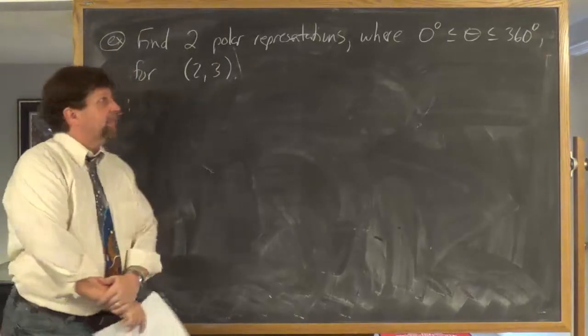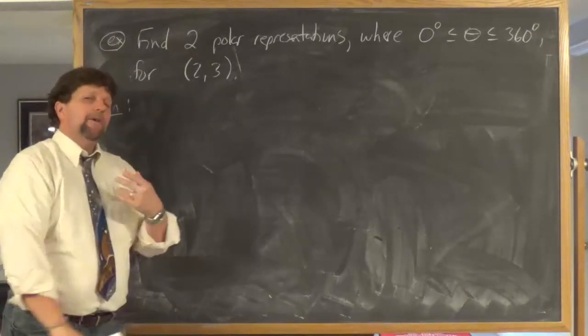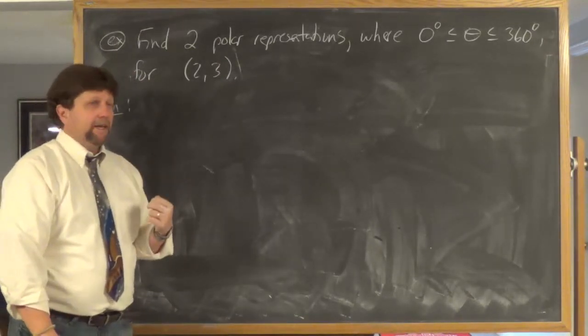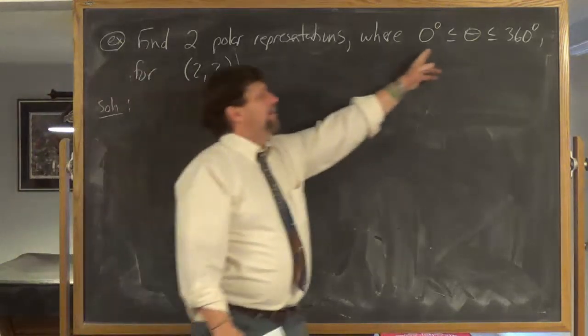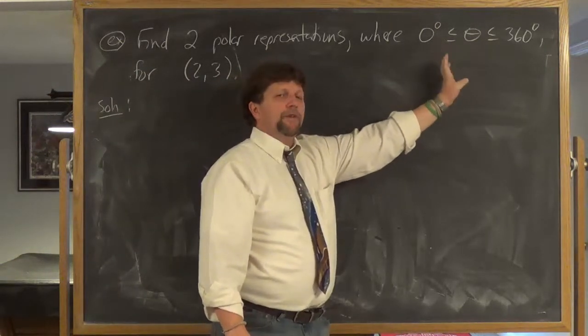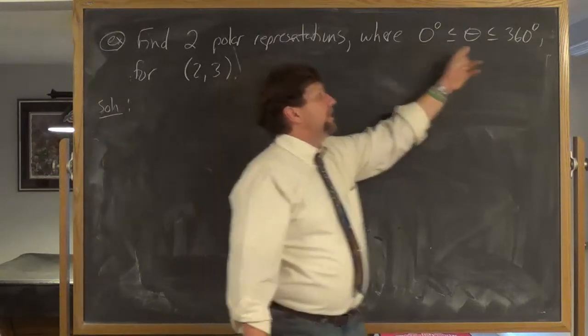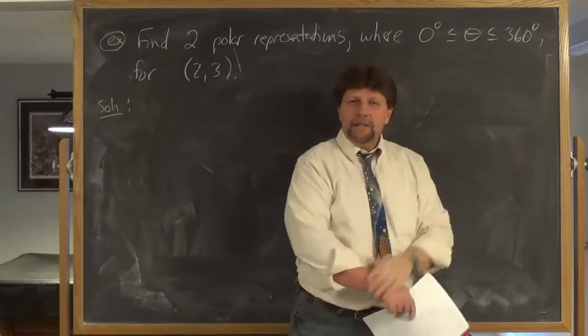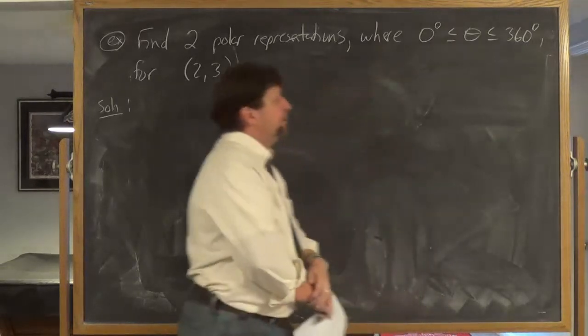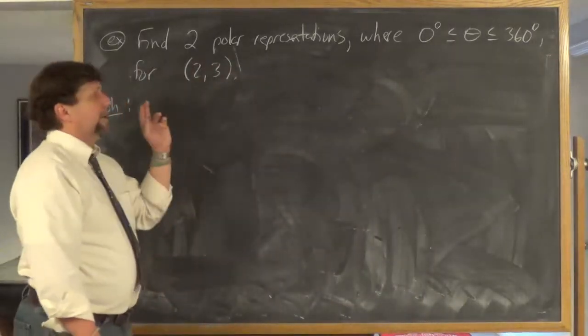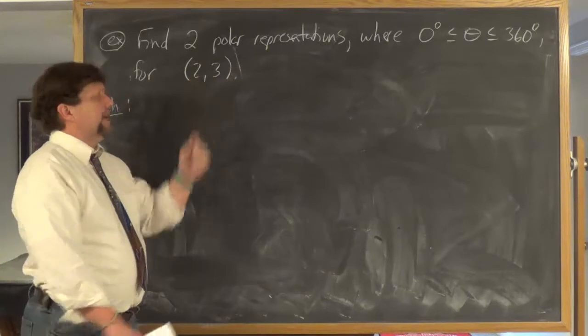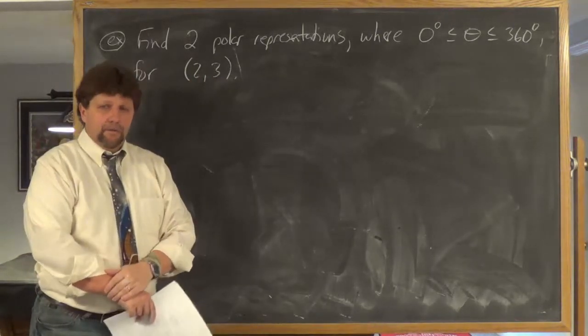In this example, notice I want to find two polar representations, where the angle theta is between 0 degrees and 360 degrees. I could have it as 0 to 2 pi; I just decided to do degrees for this example. The point that we're going to convert to polar is the rectangular point 2, 3.